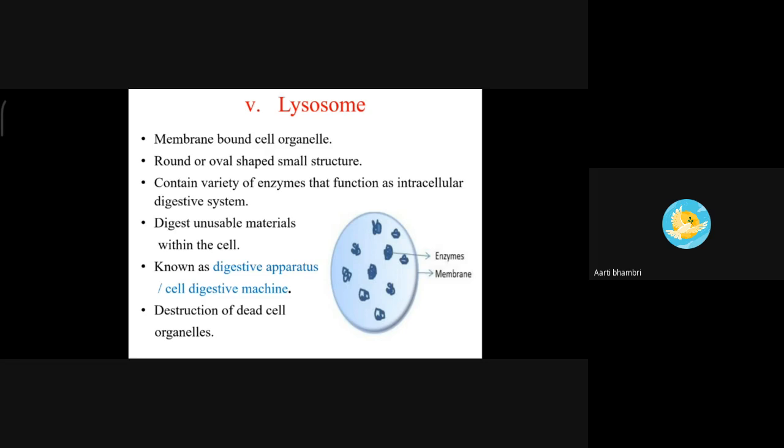That is why cell death is also caused by this lysosome. Sometimes it causes destruction of dead cell organelles. Just imagine that some ribosomes are dead, or some centrosomes are dead. So this lysosome will digest that ribosome or centrosome, and it will keep the cell clean.